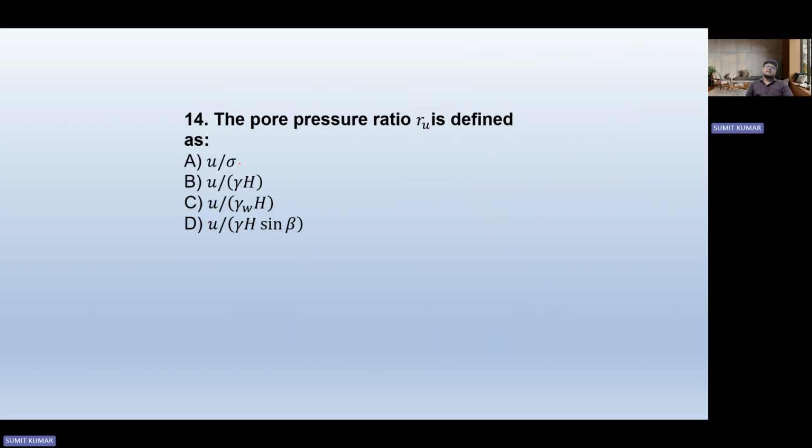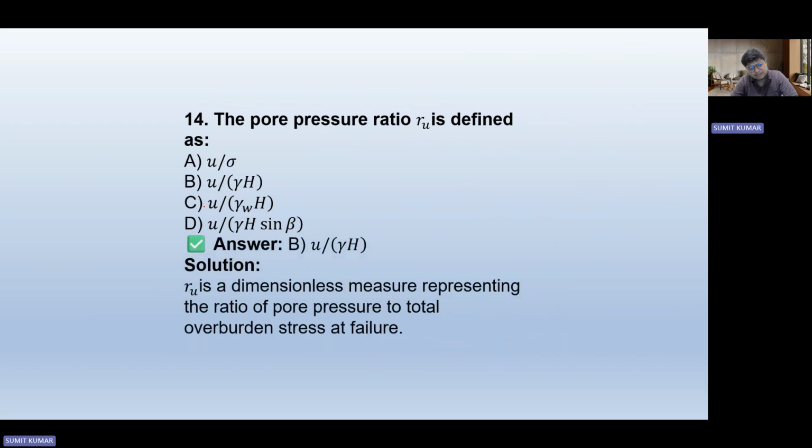Next is the pore pressure ratio, r_u, defined as: u by gamma H, u by gamma_w H, or u by gamma H sin beta. As I understand, u by gamma H is going to be the correct answer.